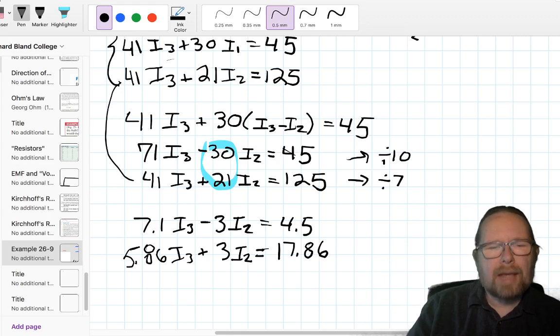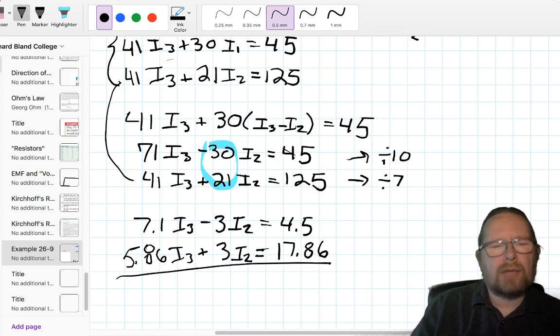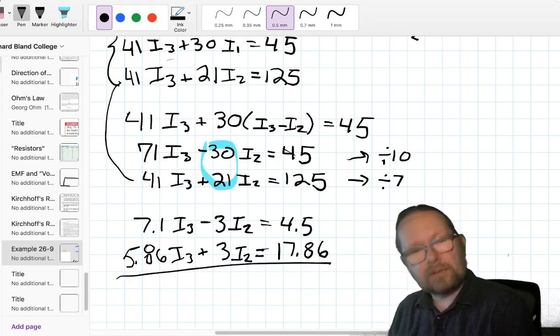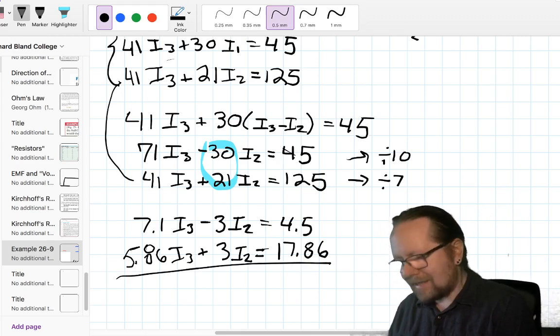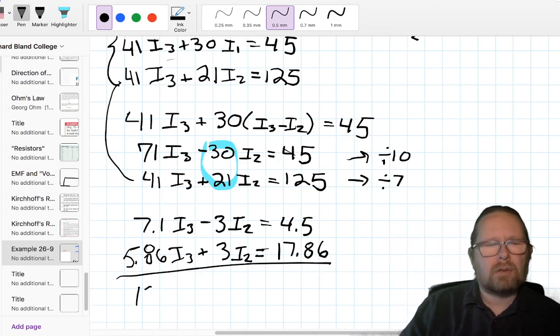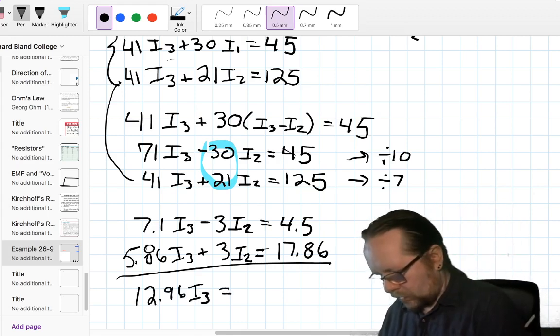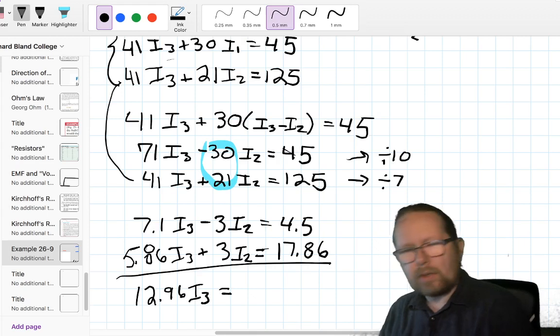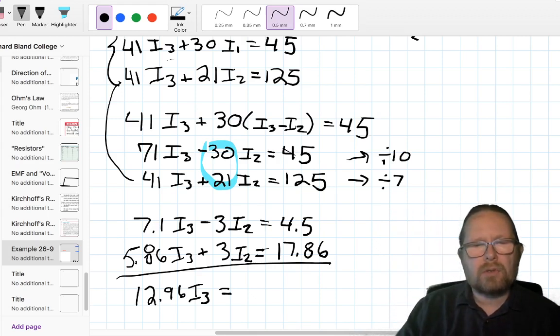And then I'm just going to add these two together and the I2s will cancel. So I've got 7.1 plus 5.86. Oops. That's 12.96 I3 equals 4.5 plus 17.86 equals 22.36.